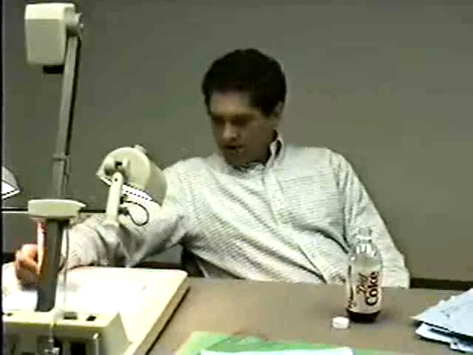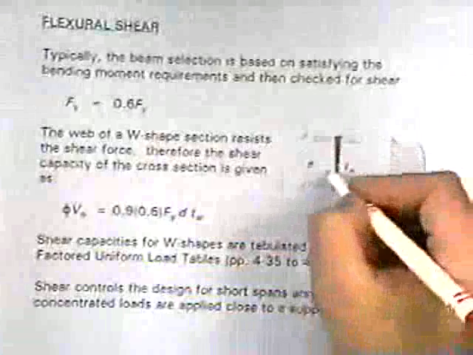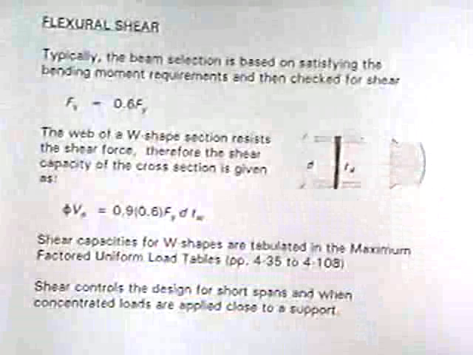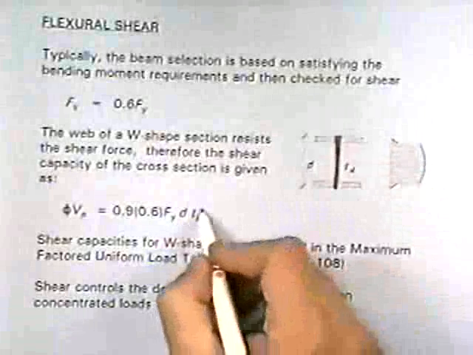In shear, typically what happens is we select the beam based on flexure and just check it for shear. The shear capacity in a W shape comes mainly from the web. We look at the area of the web, which is defined as the full depth of the cross-section times the thickness of the web.